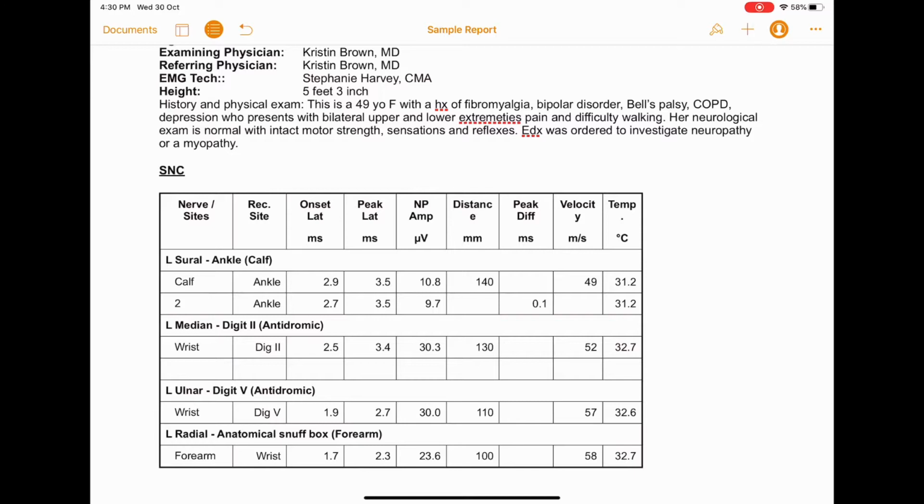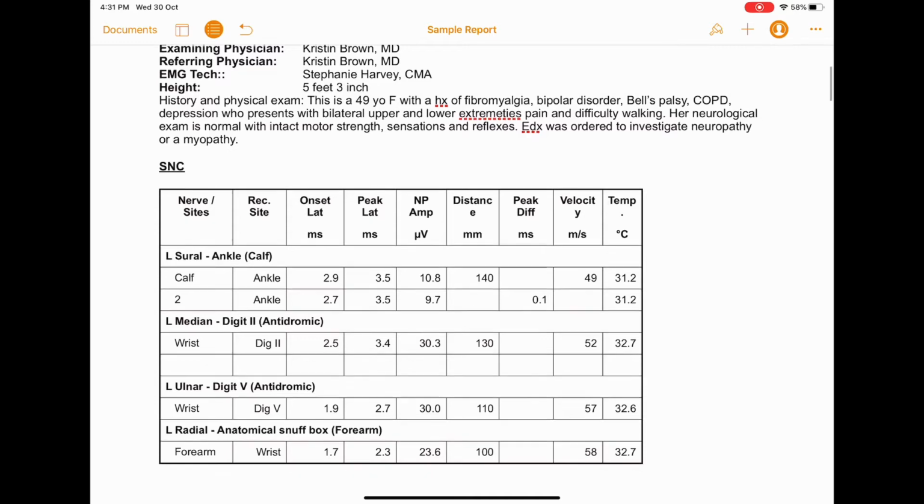In this report, we are looking at sensory nerve conduction, and to cover some basics, the sensory nerve action potentials are also briefed as SNAPs, sensory nerve action potential. When you put the recording electrodes and shock the nerve, you record the potential.